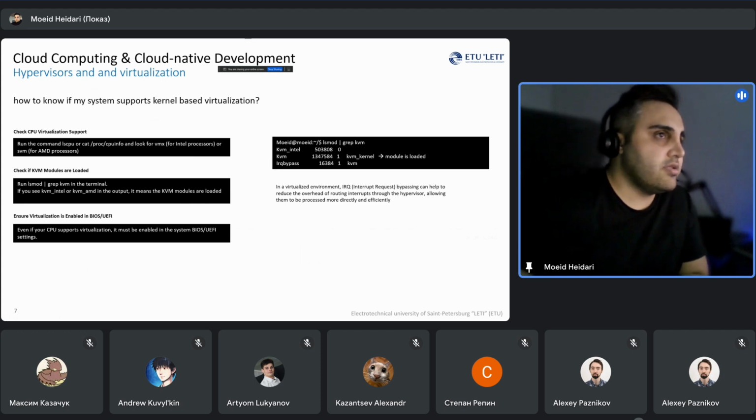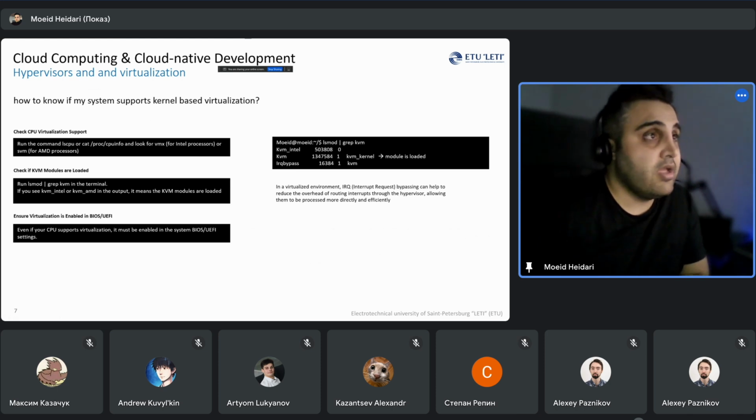Mostly when you see that you don't have the acceleration or virtualization enabled, the next thing you can check is whether it's really enabled in the BIOS. Maybe your hardware supports that, but it's just not enabled in the BIOS.